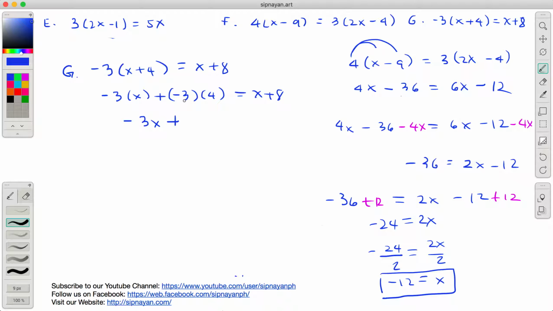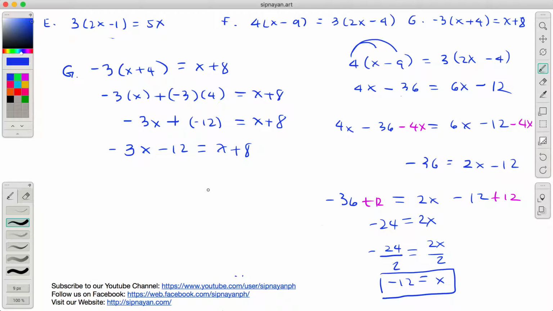And then plus negative 3 times 4 is just negative 12. So still, this is x plus 8 yung nasa kanan. And negative 3x plus negative 12. Ano ang plus negative na ulit? Ano equivalent niya? Minus, di ba? So negative 3x minus 12 equals x plus 8. Okay?